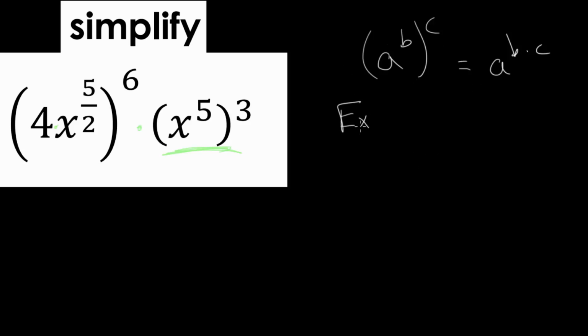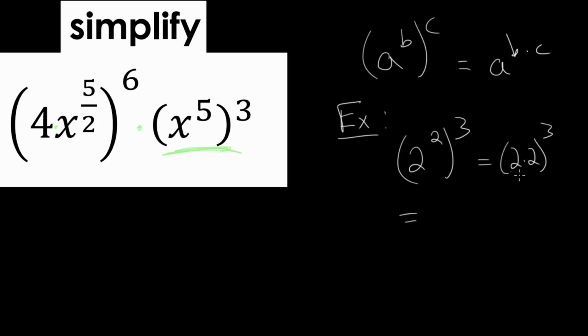For instance, if we had 2 squared and we are cubing that. On the inside, 2 squared is just 2 multiplied by itself twice. Then we're going to cube this expression, meaning we are multiplying this 2 times 2 by itself 3 different times.